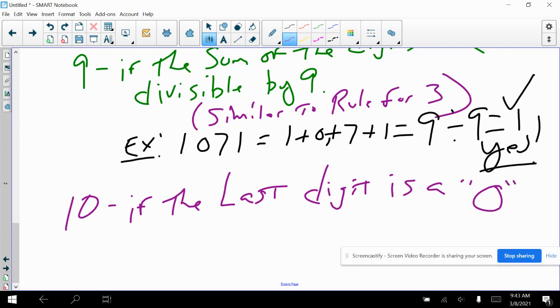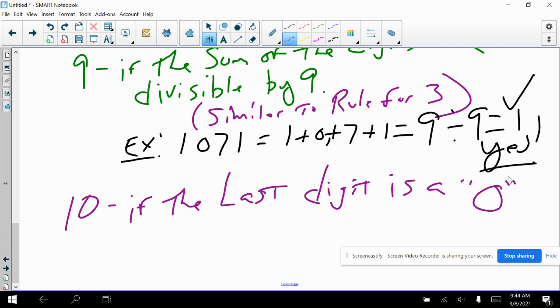Pretty simple. If the last digit is a 0. Now you may need to go back to the class resources and look at the rules.